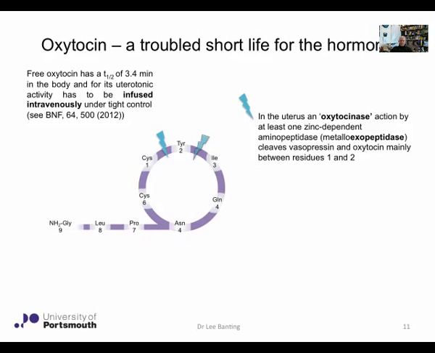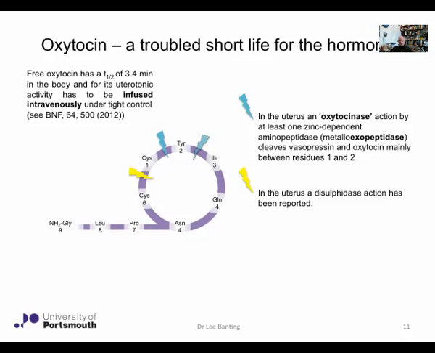There's metabolism, an action called oxytocinase. It isn't necessarily a recognized enzyme. It's an enzyme action that is linked to a zinc-dependent aminopeptidase in the body, and this cleaves vasopressin and oxytocin between residues 1 and 2 and 2 and 3.